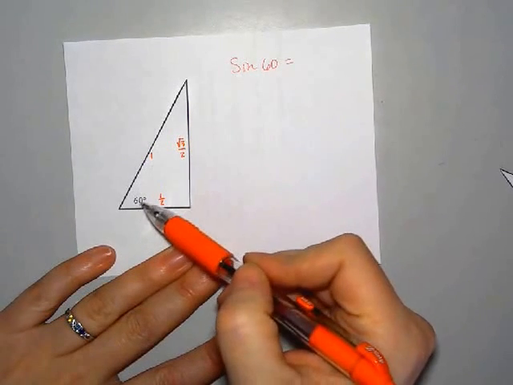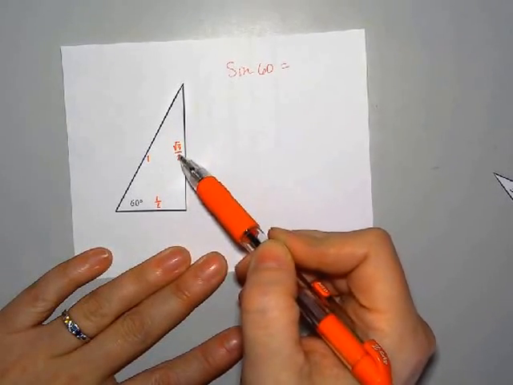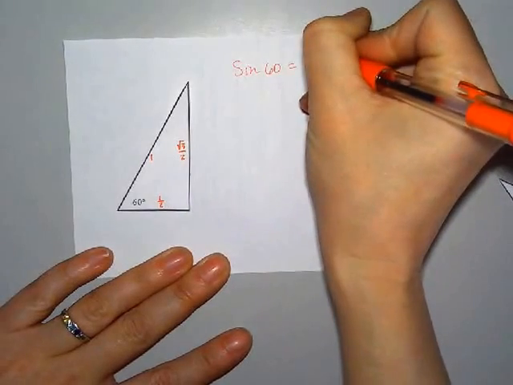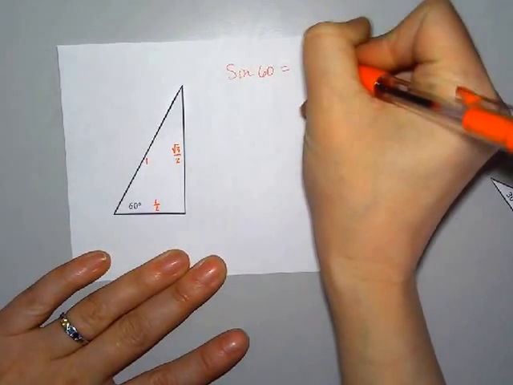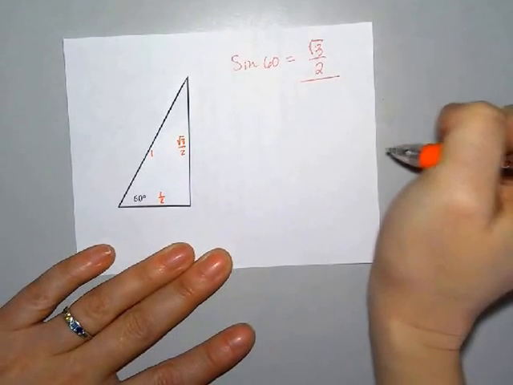What about the cosine of 60? Adjacent over hypotenuse. So 1/2 over 1. So the cosine of 60 equals 1/2.